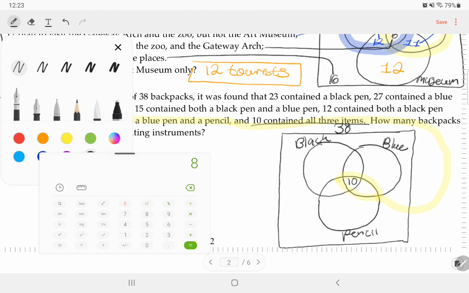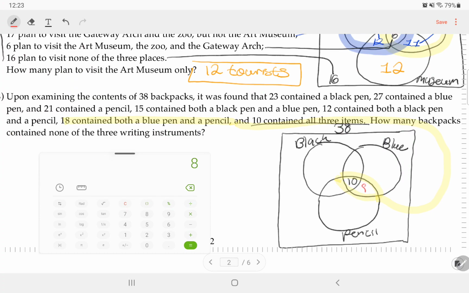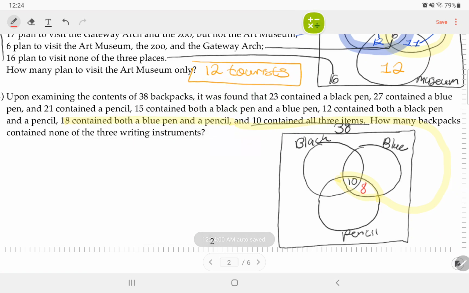Now, the reason why we are subtracting, and I'm going to put that in red, to give more clarification, it says 18 contain both a blue pen and a pencil. Why did I subtract 10 from 18 to get 8 for that missing piece? If you look at the center, it says contains all three.